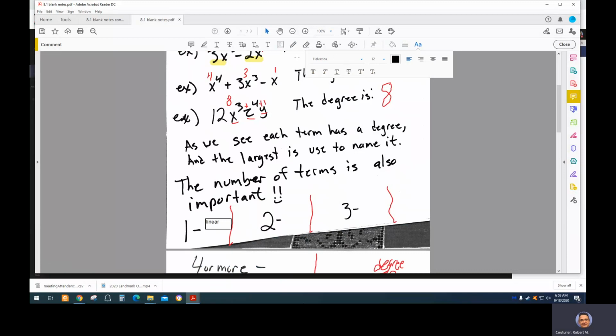When we have a degree of 2, we call it quadratic.